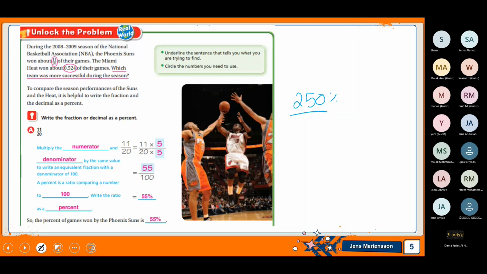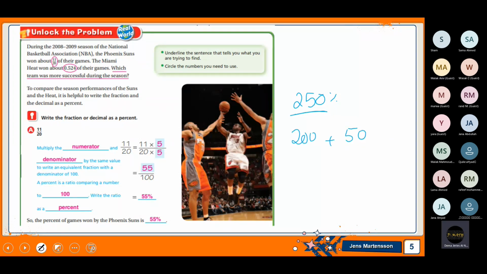Give me two numbers, one less than 100 and the second one greater than 100. 50 and 200. Bravo, 50 and 200.